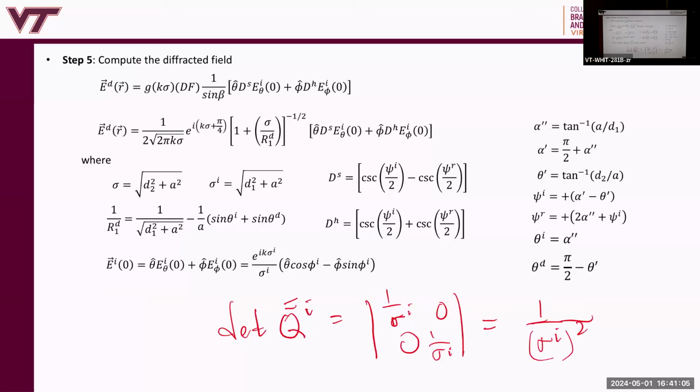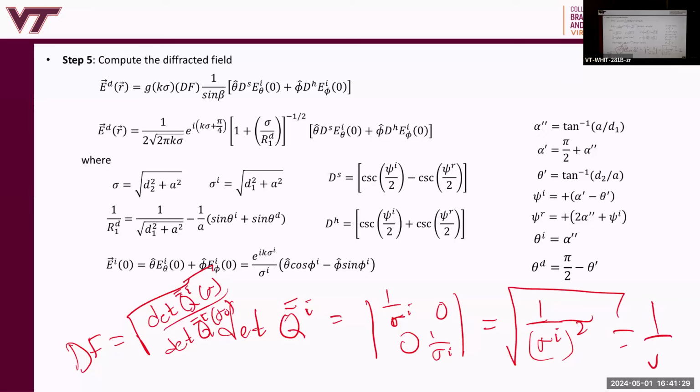But we know that the divergence factor is equal to the square root normally of the ratio of determinants, right? But in this case, the determinant of Q incident at sigma divided by the determinant of Q incident at sigma naught, but the reference point we're going to take is the origin. So this just becomes the square root of the determinant of Q incident at sigma, which is equal to 1 over sigma incident, right?